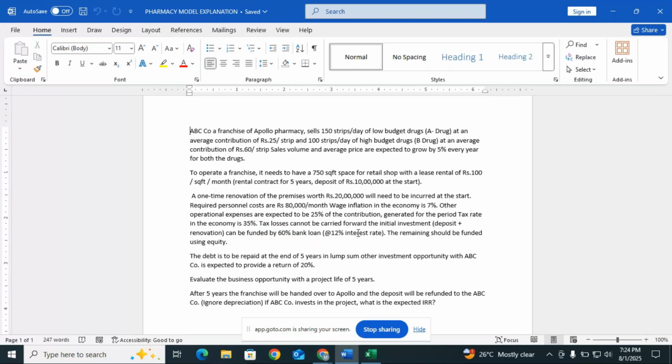Okay, and other investment opportunities with ABC company are expected to provide around 20%. Okay, right. And the last one, evaluate the business opportunity for the projected life for how many years? It is 5 years.